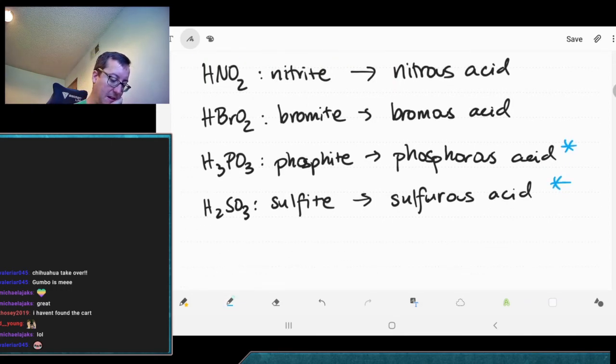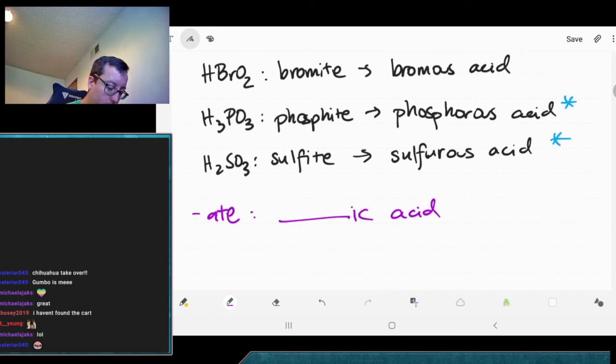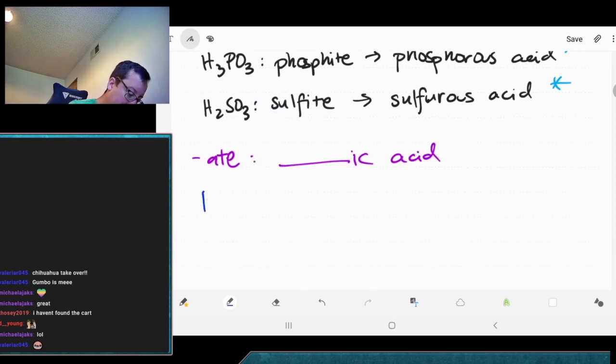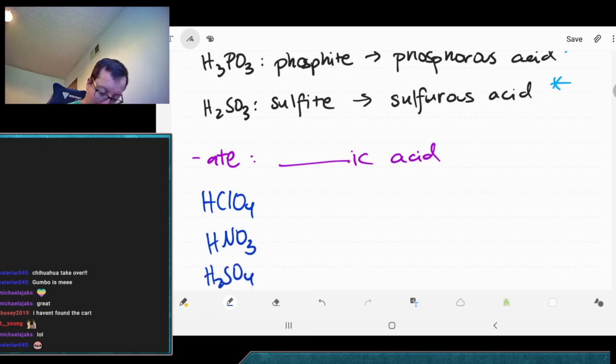Last category is the ates. And those are just going to become -ic acid. So the examples: HClO4, HNO3, H2SO4. By the way, the number of H's is just however many you need to balance out your compound, right?